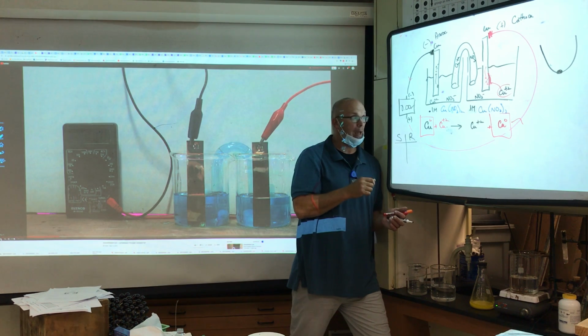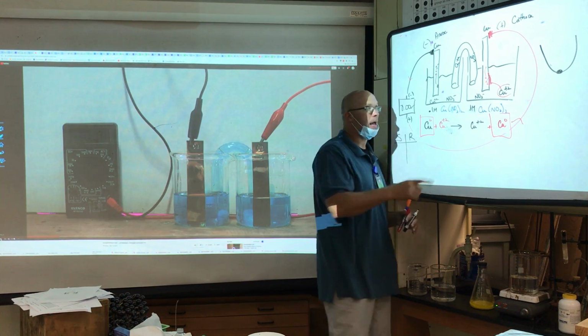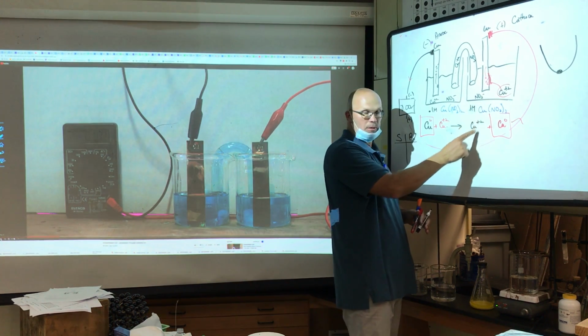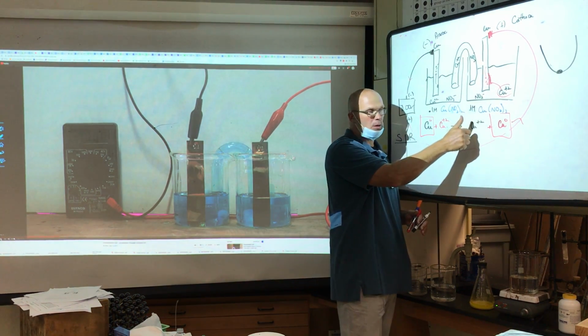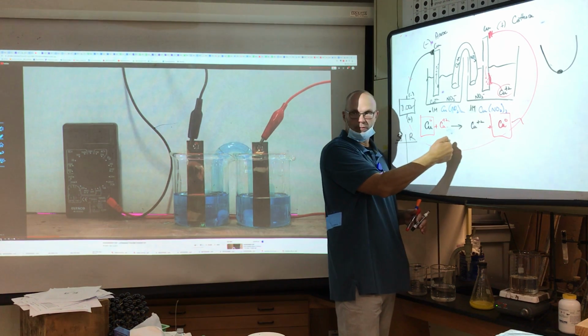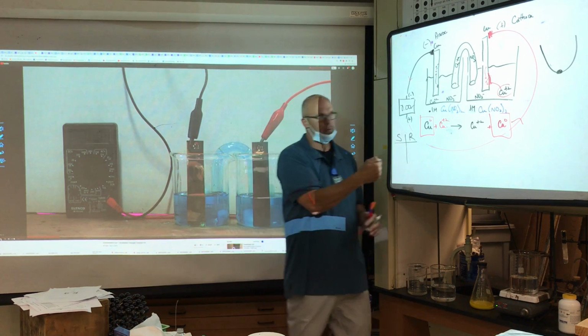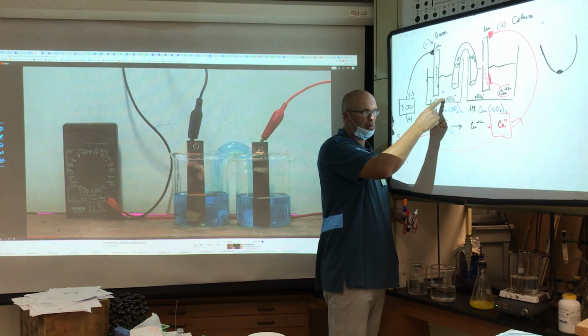If I add more what? Copper plus 2 to what side? If I increase the copper plus 2, wouldn't it look to decrease it by shifting away from it? So where would I add the copper plus 2? To the oxidation side.